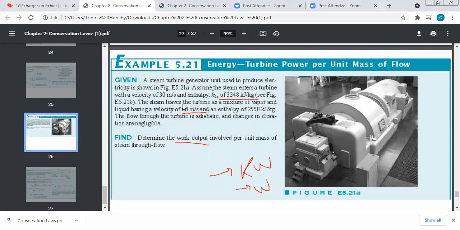But here they directly gave them to us. And concerning the change of elevation, they told us to neglect any change in elevation, so the term delta Z will cancel out. And they said that the flow through the turbine is adiabatic, so Q dot is 0.